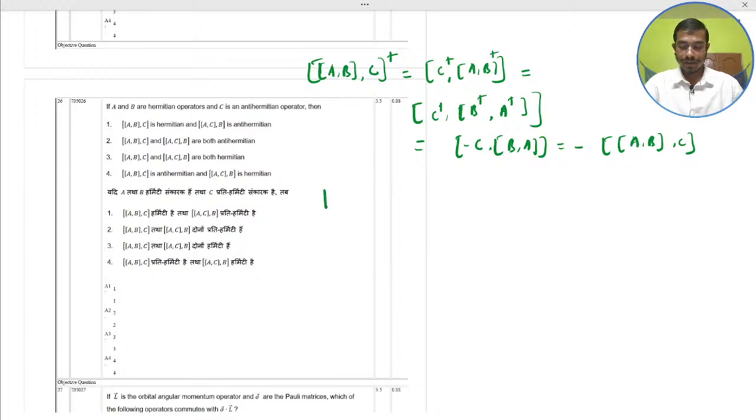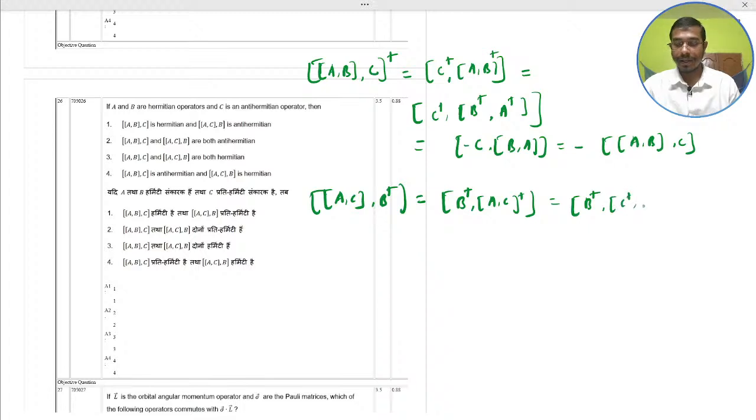Next, commutation of AC with the B dagger. So that would be the B dagger. Just simplify, split out the commutation bracket.